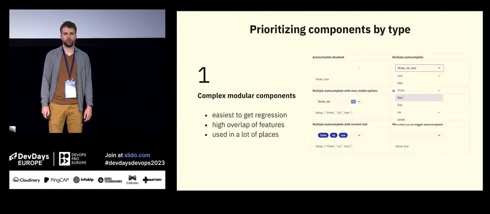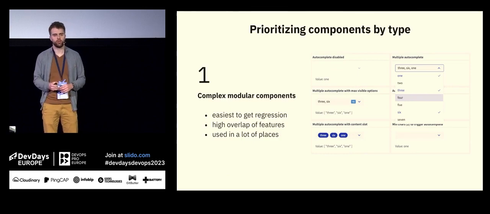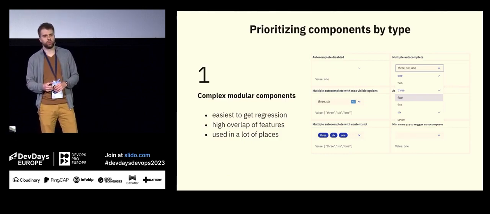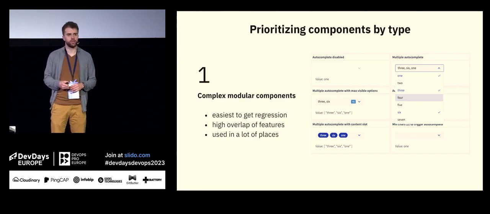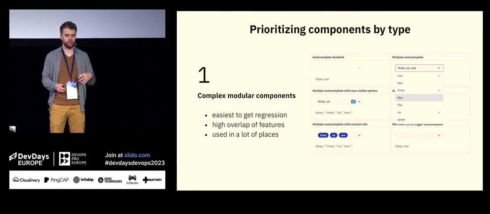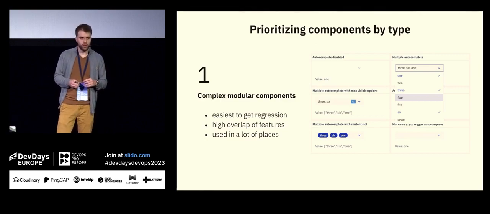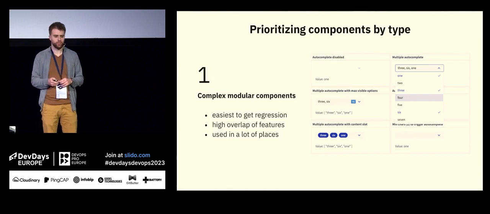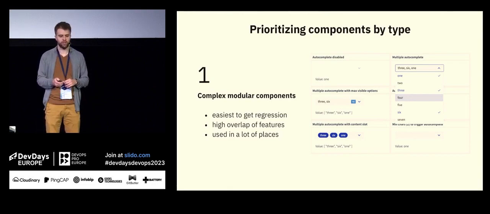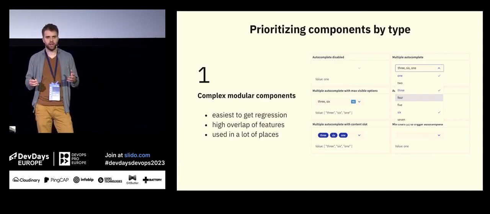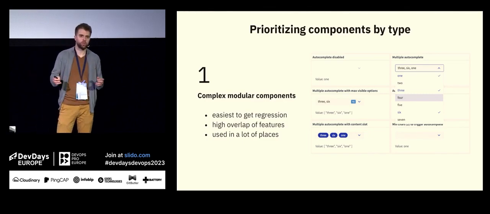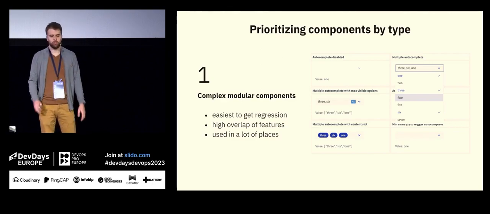When you're working on Storybook, you might want to prioritize certain components over other components. Especially that's the case if you didn't use Storybook before and you're only integrating it into a project. So I think the first thing you should bother with storybooking is complex modular components, such as select, maybe data tables if you have them, form components, maybe something specific to a business that is logic packed.